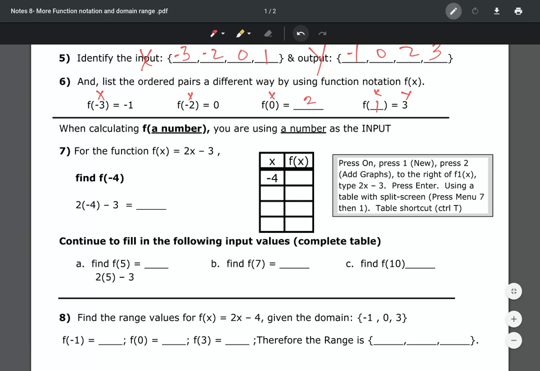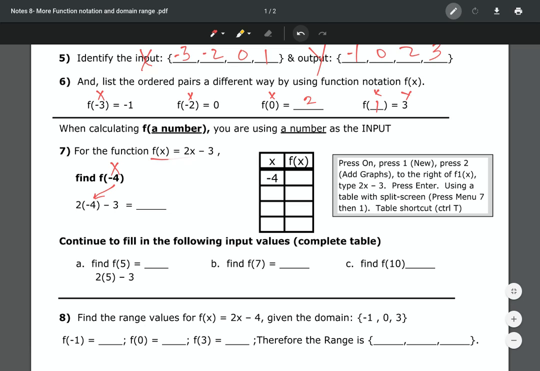And then over here it says when calculating the function of a number, you're going to use the number as the input. So on number 7, for the function f of x equals 2x minus 3, find the function when x is -4.